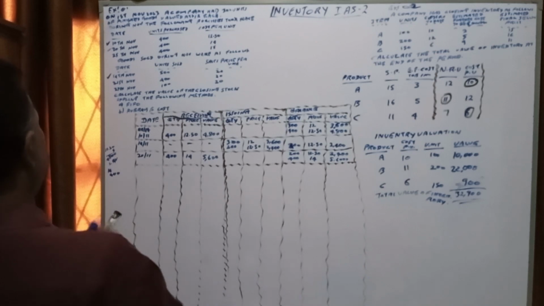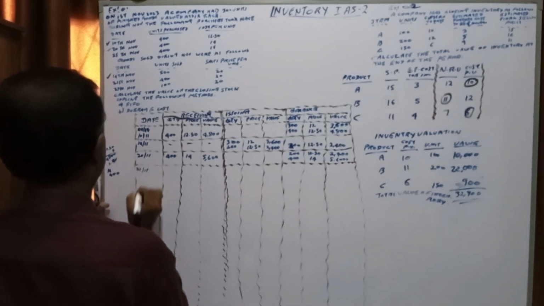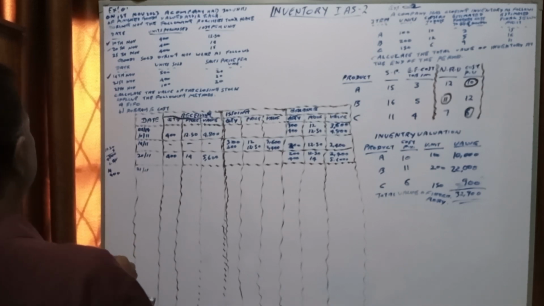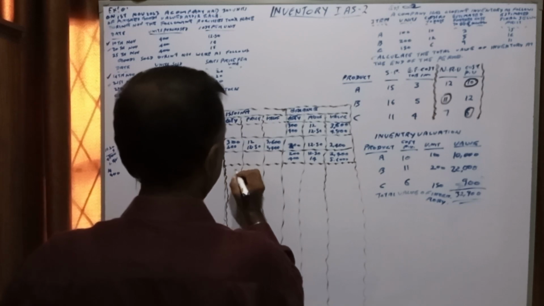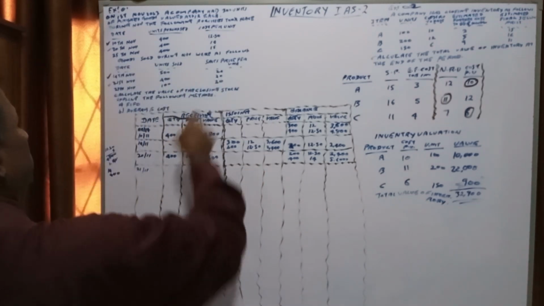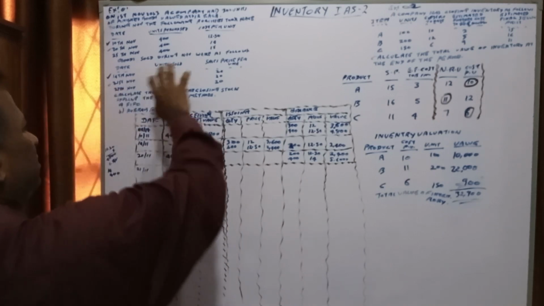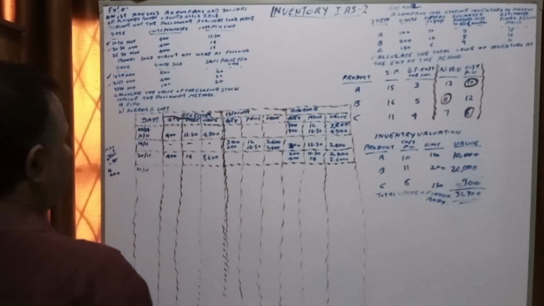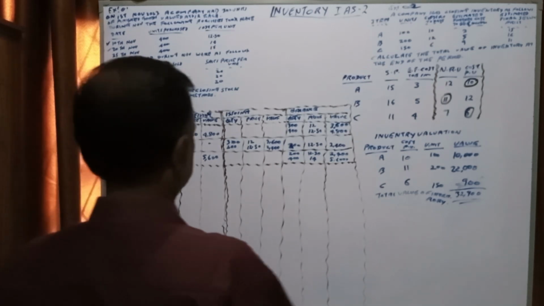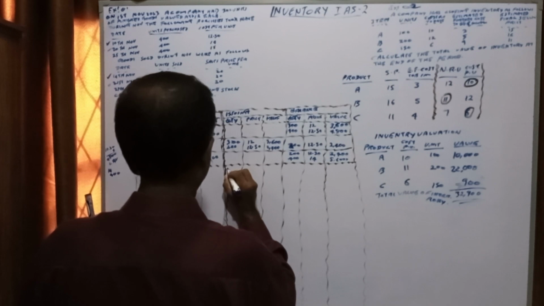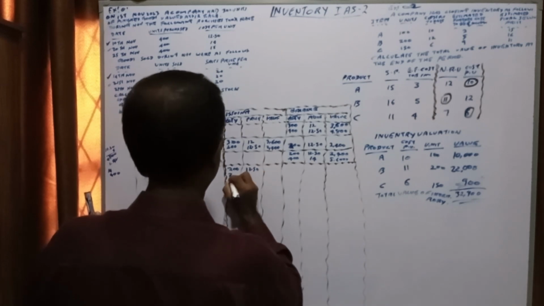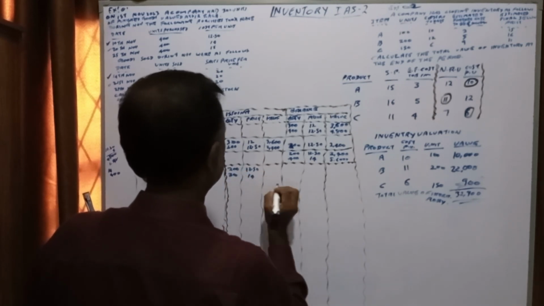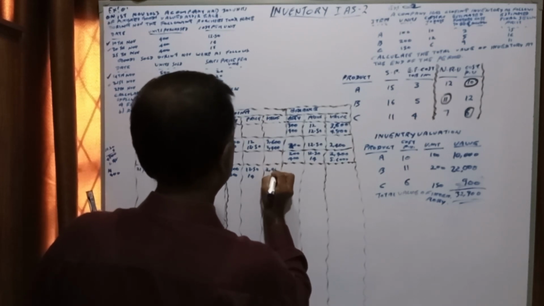Next one is the 21st of November. Sales are taking place, 400 units at the rate of 20. The selling price is not a problem for us, just omit it. 400 units is the sales. We take 200 units at the rate of 12.50, that is 2400, and 200 units at 14 rupees, that is 2800.